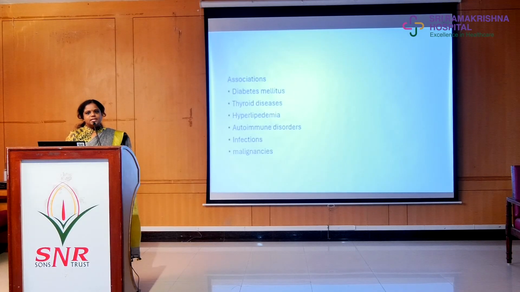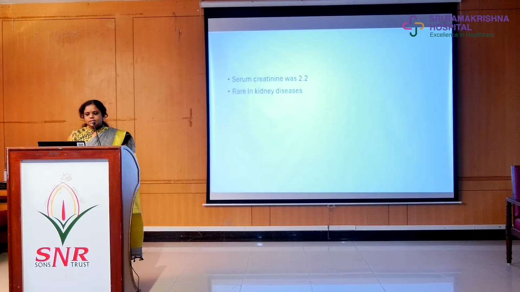The patient, while presenting, did not have any comorbidities. Other associations are autoimmune disorders like SLE, dermatomyositis, rheumatoid arthritis, and infections, especially upper respiratory infections or chronic infections like tuberculosis, and malignancies like hematological malignancies and solid tumors. When evaluating, we did all the routine investigations, chest x-ray and abdominal USG, and everything was normal.